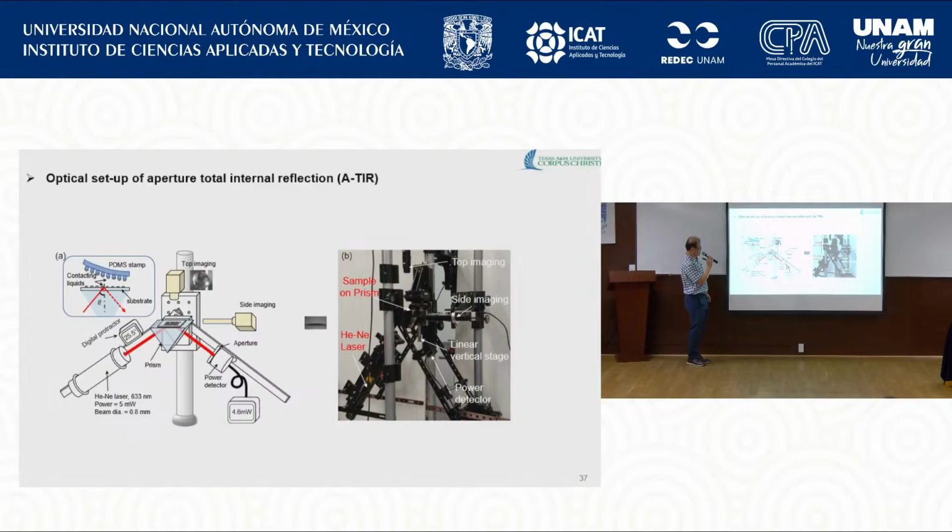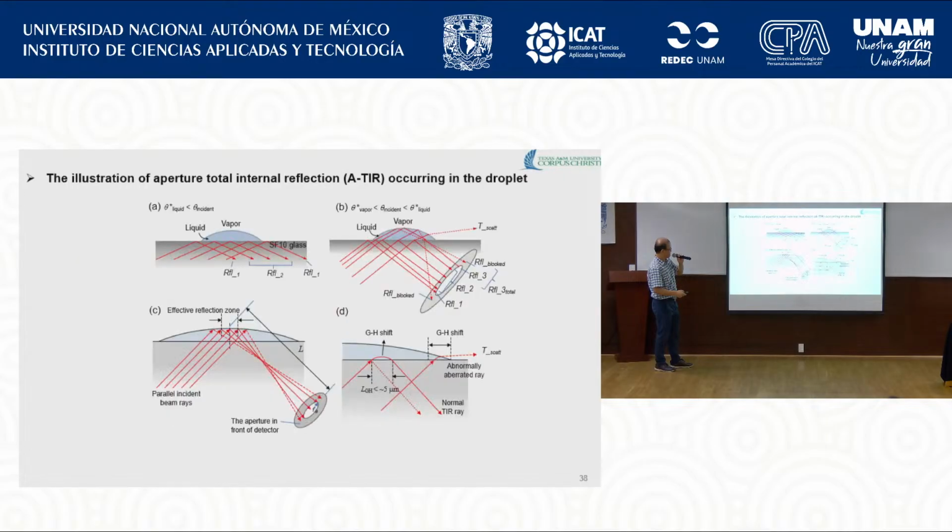Okay, and then we made a microarray using a PDMS stamp to control the sample. This is a photo of the optical setup. And here, in this case, we analyzed droplet refraction, okay, into 3 kinds.